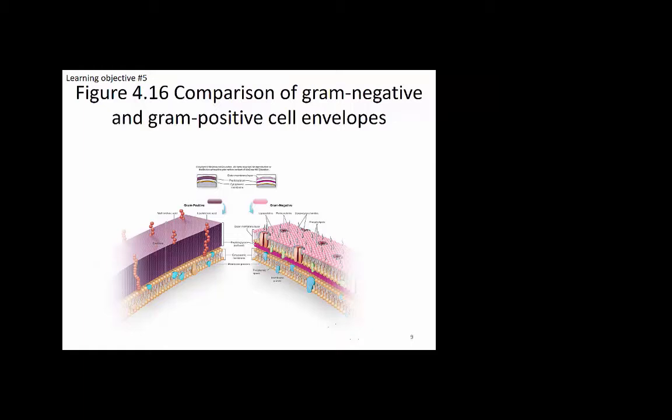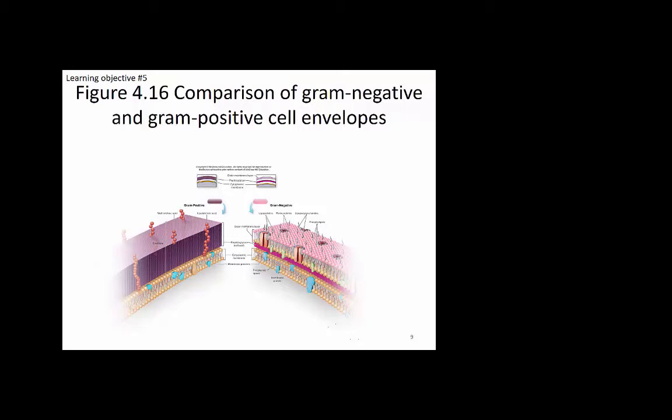The gram-negative bacterial cell envelope has a very thin layer of peptidoglycan cell wall, which is fuchsia on the right of figure 415. There are two plasma membranes, an inner plasma membrane and an outer plasma membrane.